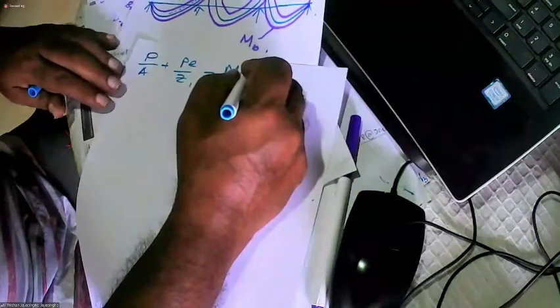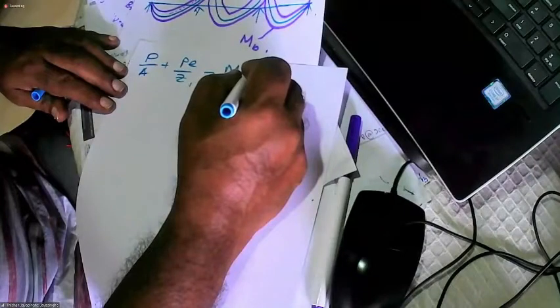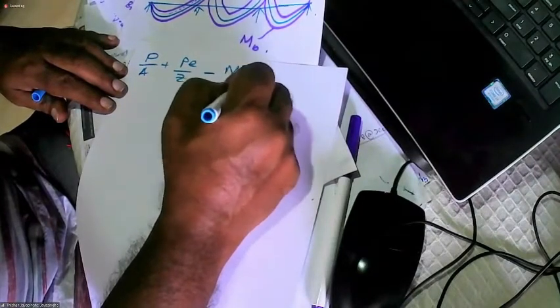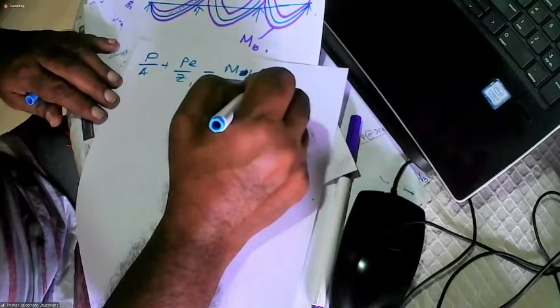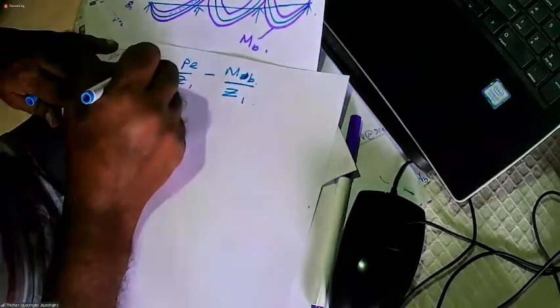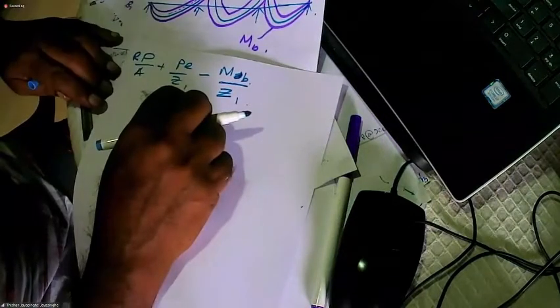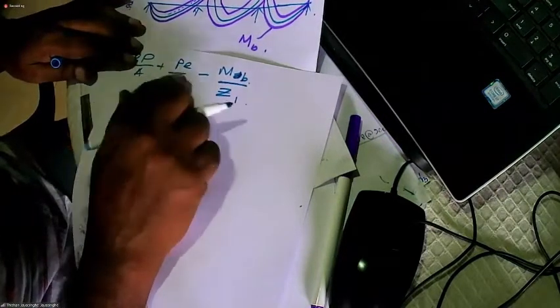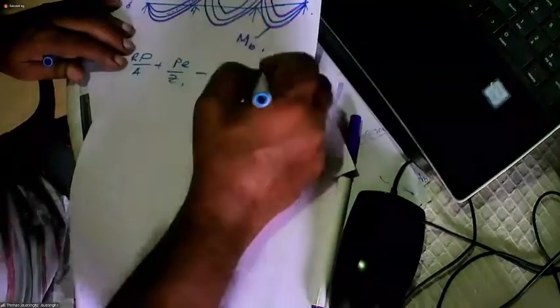So we can say MB over Z1. The dead load moment is also not applicable. So P over A, PE over Z1, MB over Z1. So it can go this way, or it can go this way.